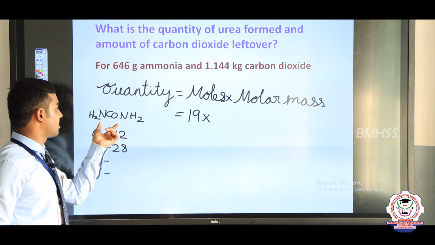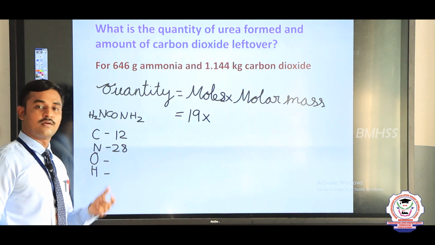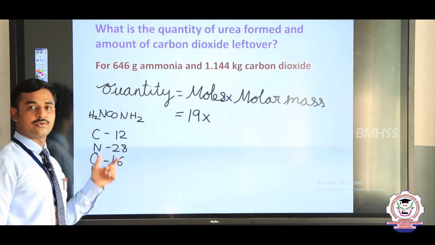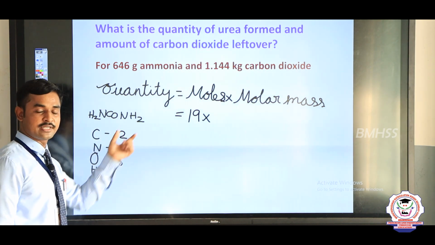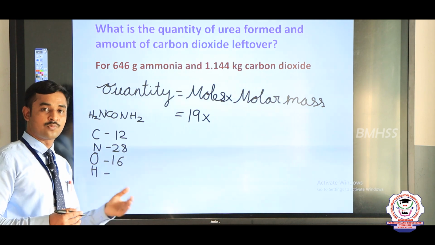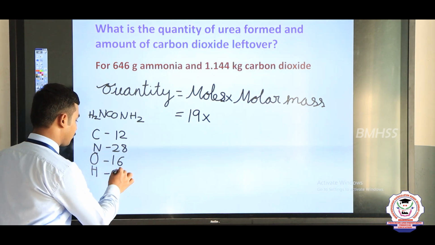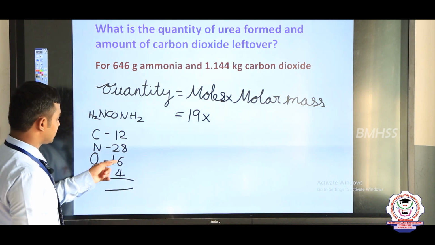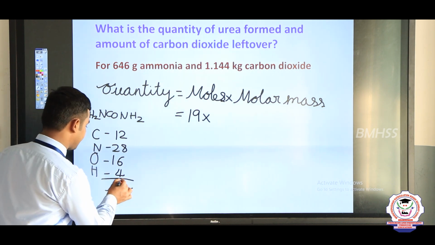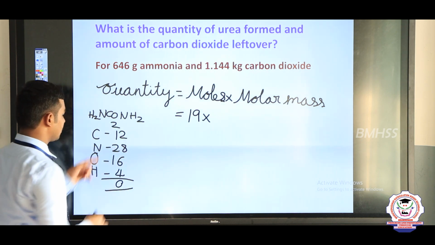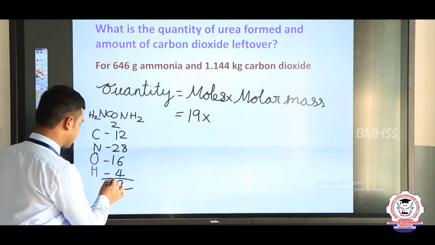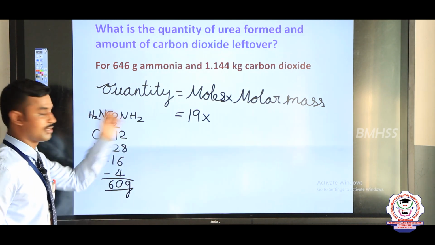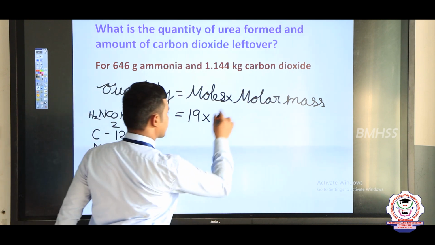And we have one oxygen, oxygen weight is 16 grams. And we have 4 hydrogens present here. One hydrogen has 1 gram as molar mass, so 4 hydrogens contain 4 grams. When we calculate this, we get 12 plus 28 plus 16 plus 4, 60 grams. So the urea molar mass is 60.